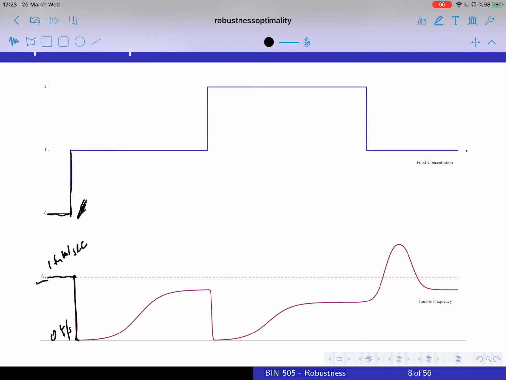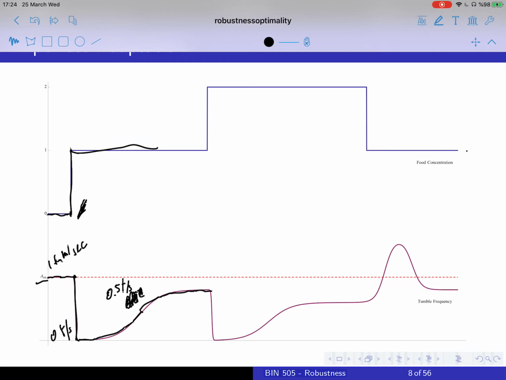In time, this stays the same, and they start adapting. Now, in time, they tumble more and more because now they're used to this. Maybe they tumble once every 2 seconds, so half a tumble per second, and then they come to a new steady state.